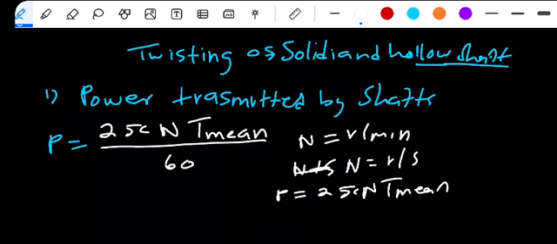You don't have to divide by 60. Power is measured in watts. So what about the mean torque?